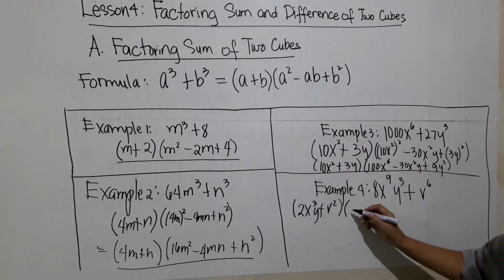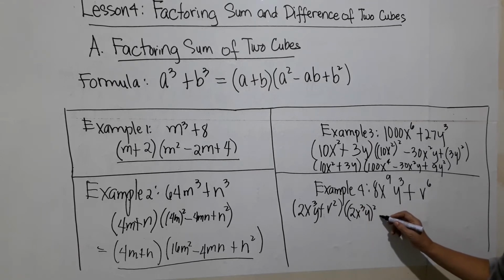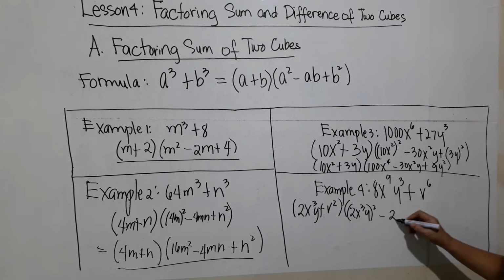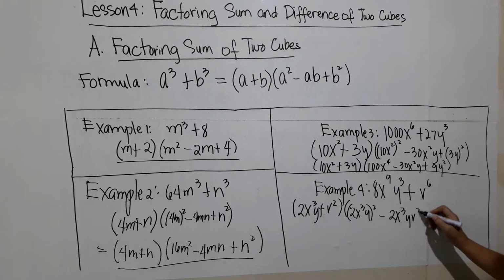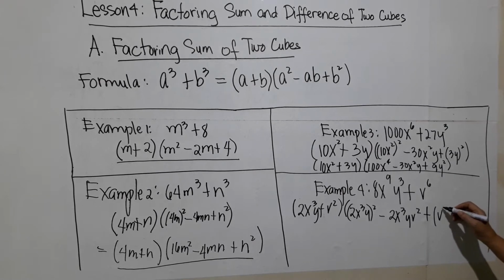So a squared means 2x cubed y squared, minus, multiply the first and the second term, we have 2x cubed y v squared, plus square this, we have v to the 6 squared, close in parentheses.